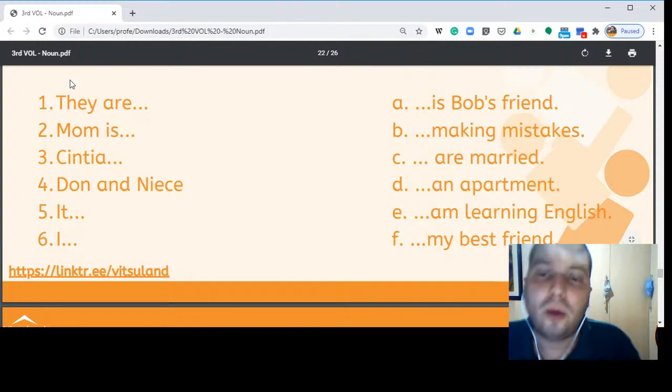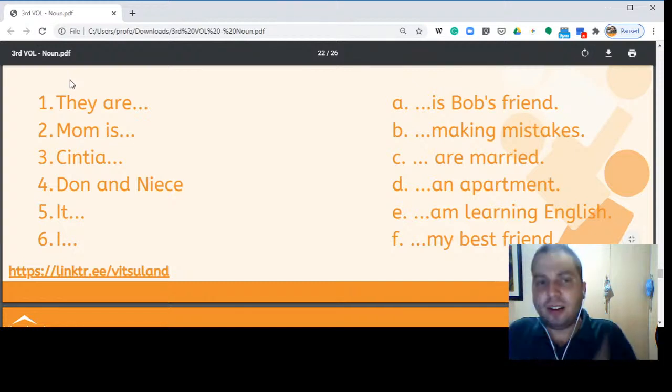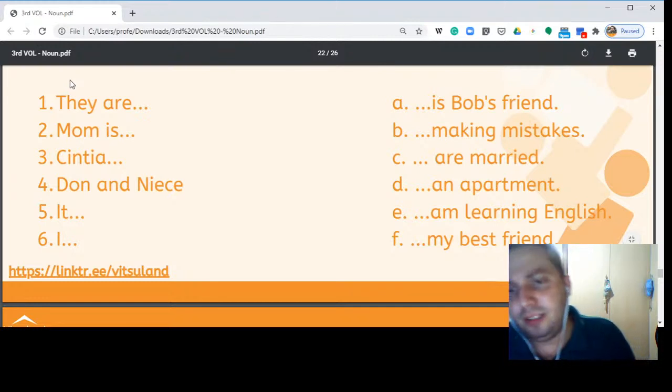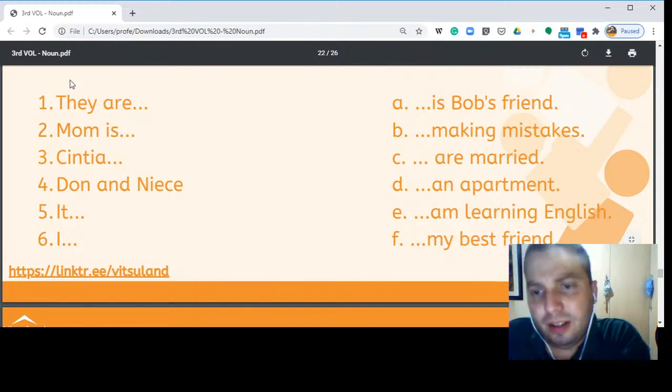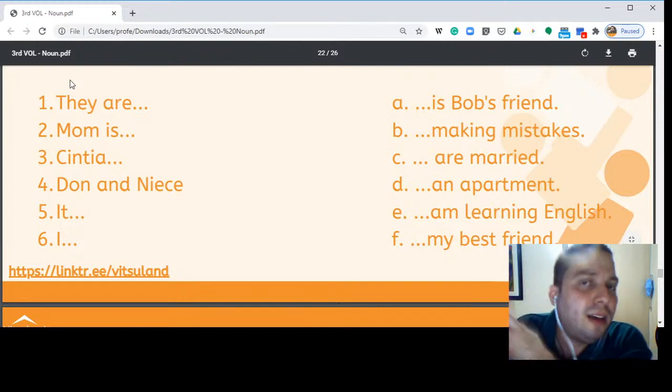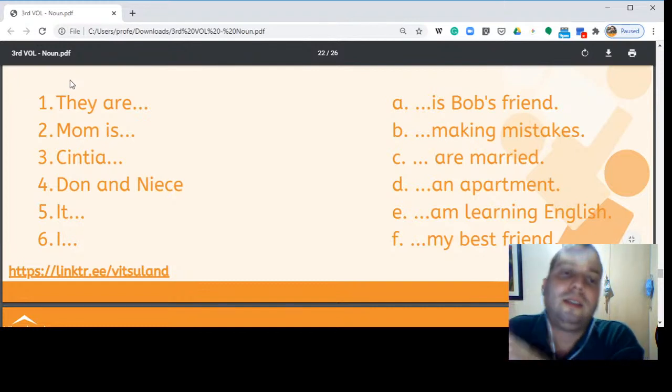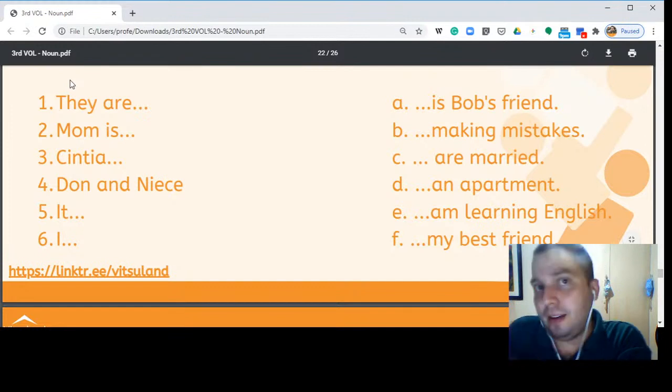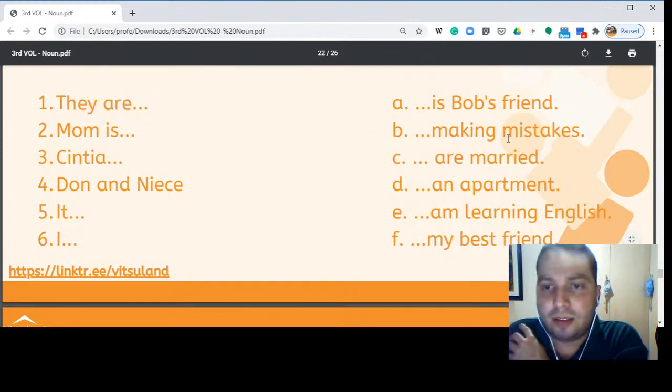So let's start. They are, in this case, of course, we can have they are married, but in this case, they are married is not going to make any sense. So they are making mistakes in this case.